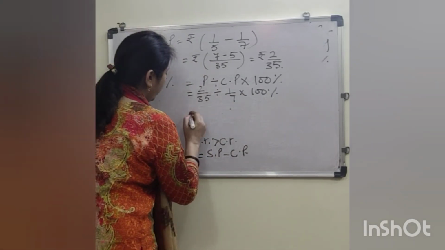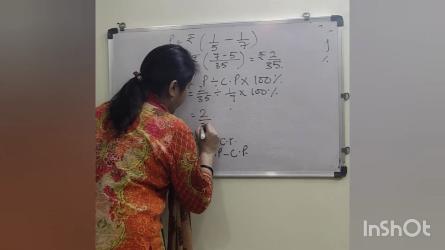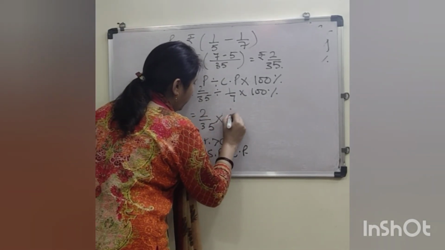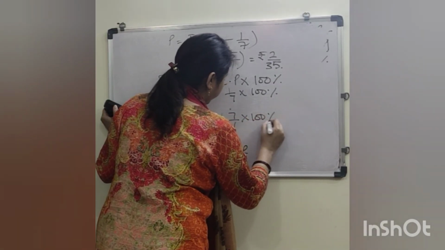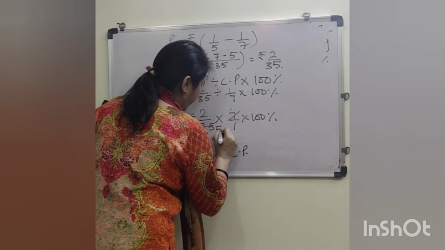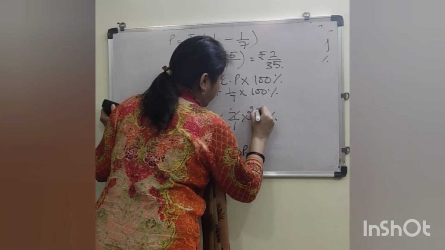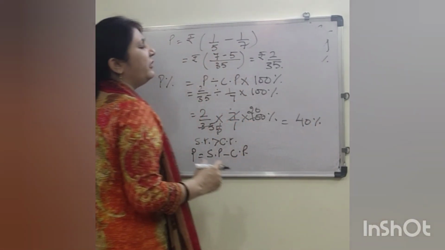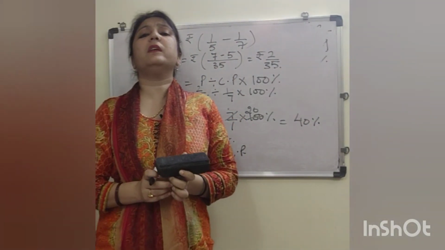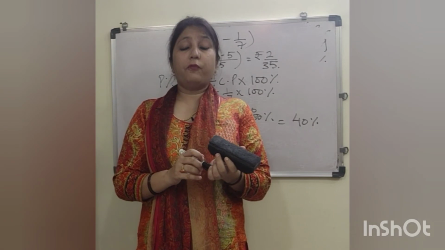So it is 2 over 35 into 7 over 1 into 100%. 7 5s are 35, 20. That is 40%. How much the person is gaining? The person is gaining 40%.